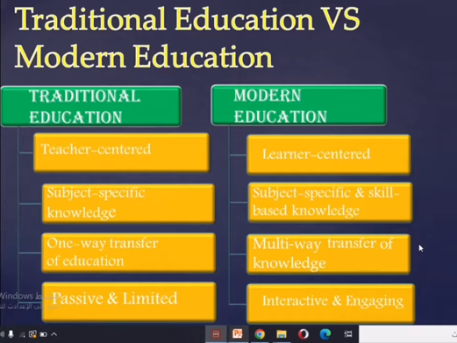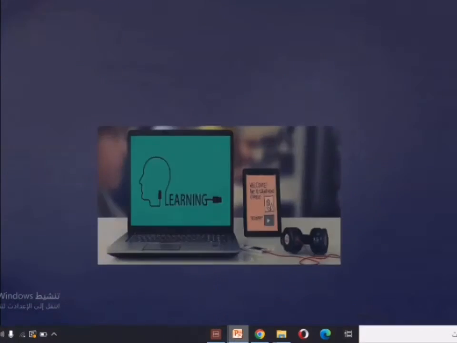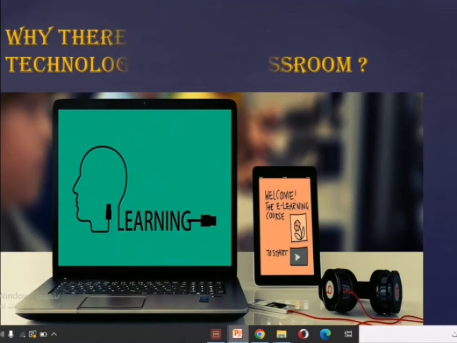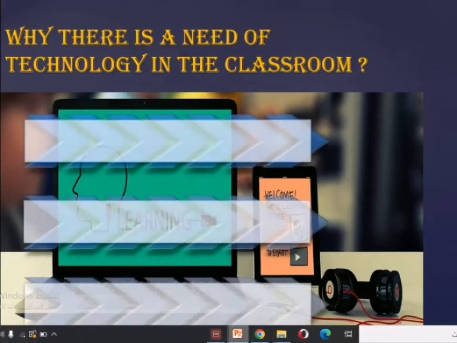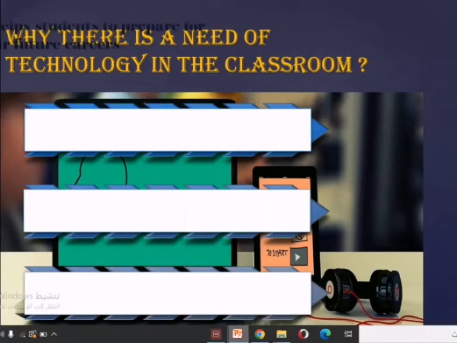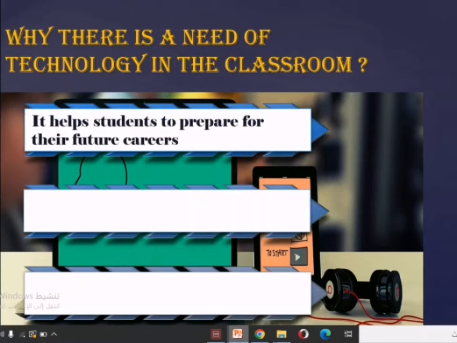So now the basic question for modern education is: why is there a need of technology in the classroom? And this question can be simply answered as: because it will help students to prepare for their future careers, which will include the use of wireless technology.